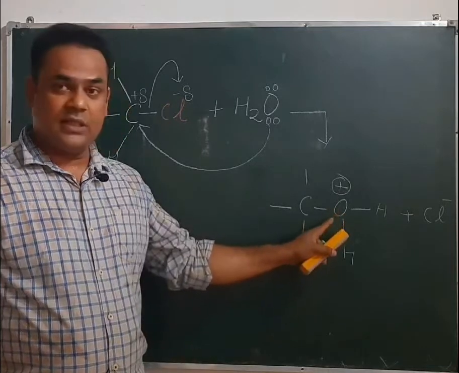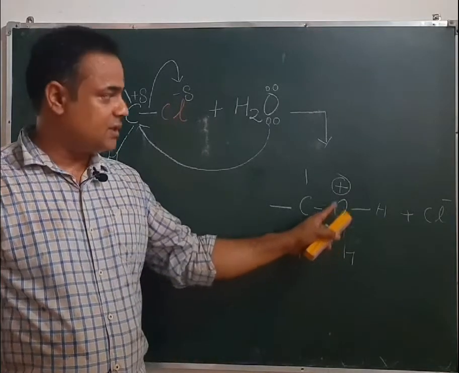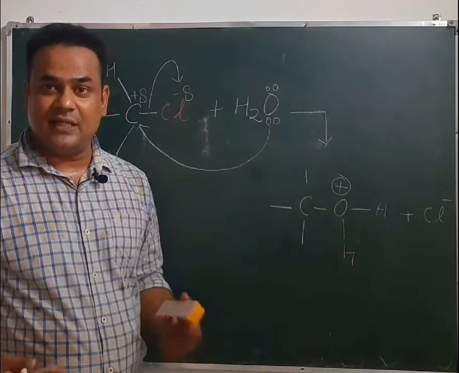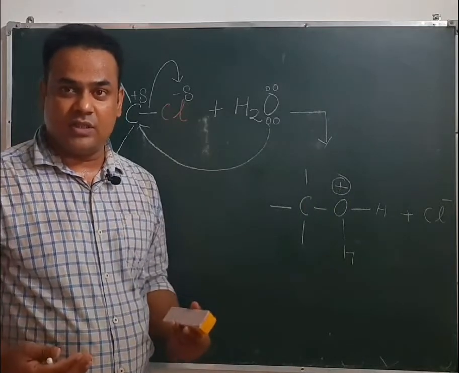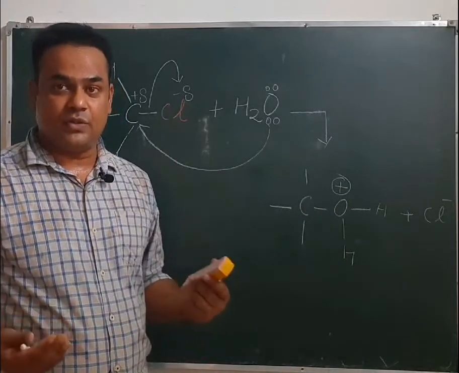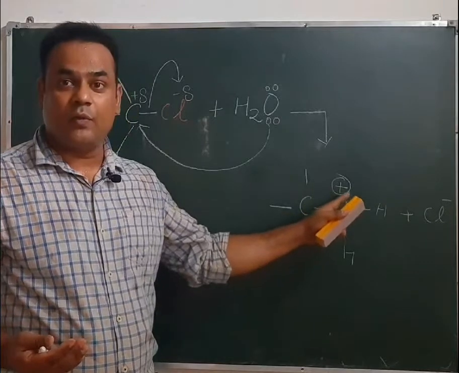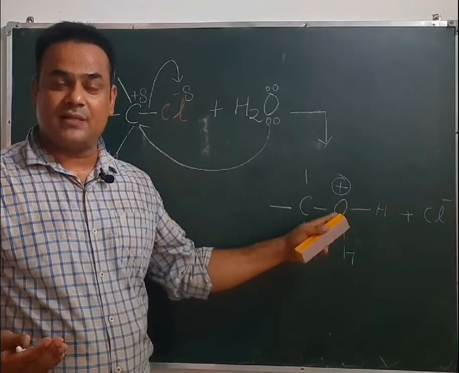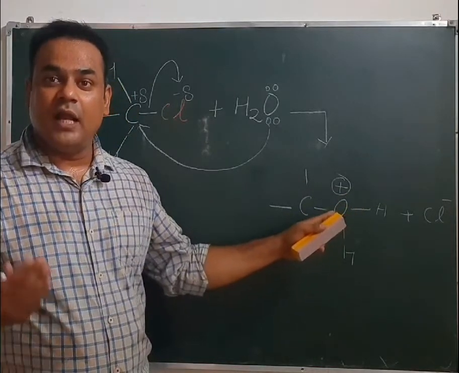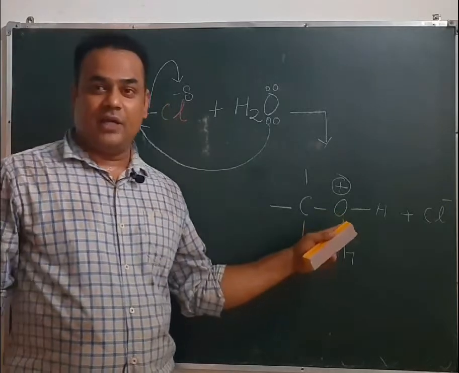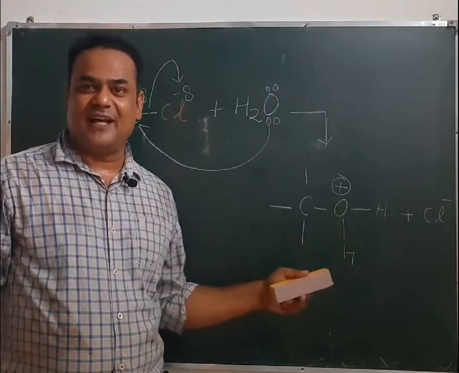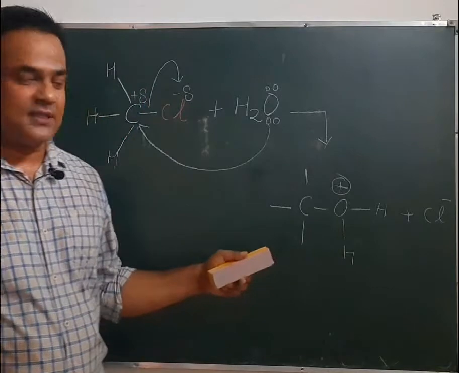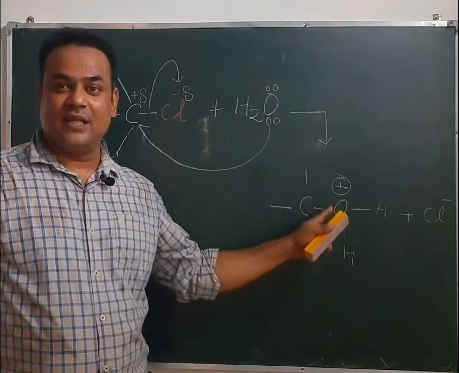So here oxygen is acquiring a positive charge, which has increased the hunger of this oxygen many times. Hunger for what? All atoms have hunger for electrons only. Here hunger doesn't mean it will ask you for food or breakfast. Here hunger means it needs electrons.